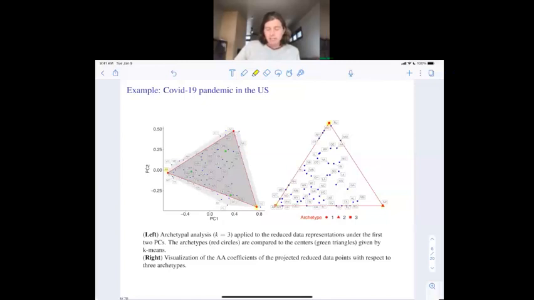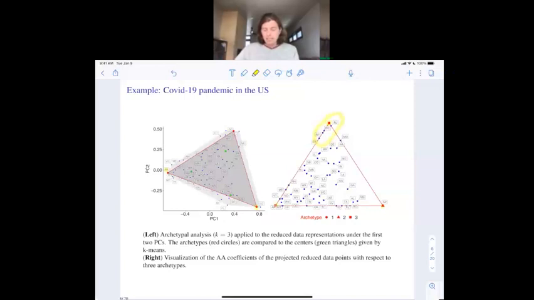I can now transform and look at convex combinations of these archetype points. This is just an equilateral triangle in this case, and generally it would be a simplex. This is a nice way to visualize it, because I can see that the Northeast is one archetype, Arizona is another, and then I have these uniformly low ones.